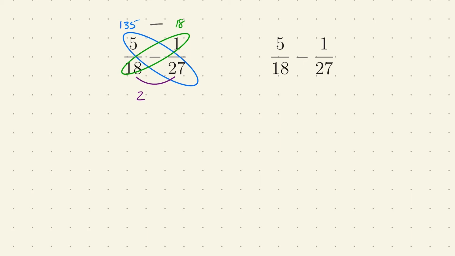1 times 2 is 2, and I know that's in the hundreds place, so that's going to be 2 here. Then I have 1 times 7, so it's going to give me 7 in the tens place. Then I have 8 times 2, so this 8 is in the ones place, and this 2 is in the tens place, so 2 times 8 is 16.